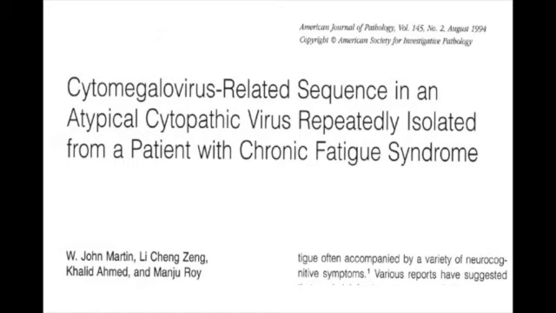We could also conclude at this stage that the PCR assay intended to amplify retrovirus-related sequences actually cross-reacted with and amplified a cytomegalovirus-related sequence. These data were submitted to the American Journal of Pathology for publication in August of 1994.